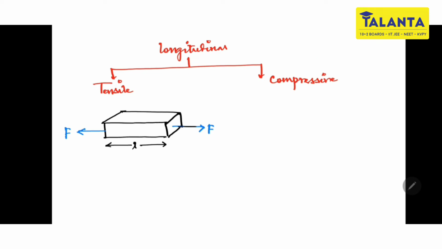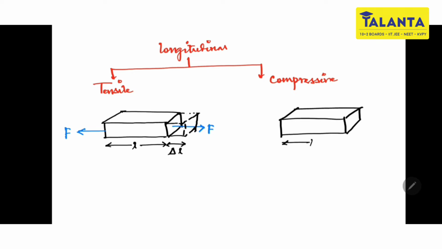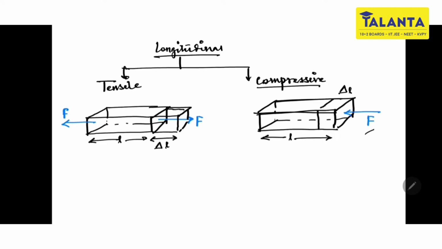Therefore, the body elongates by an amount of delta L. And compressive means, suppose this is a body having length L. Due to the applied force F, let compression in the body equal delta L.